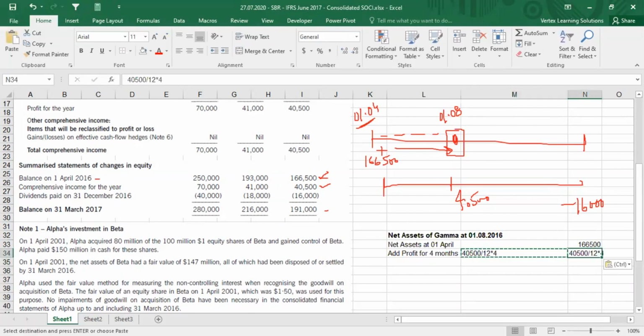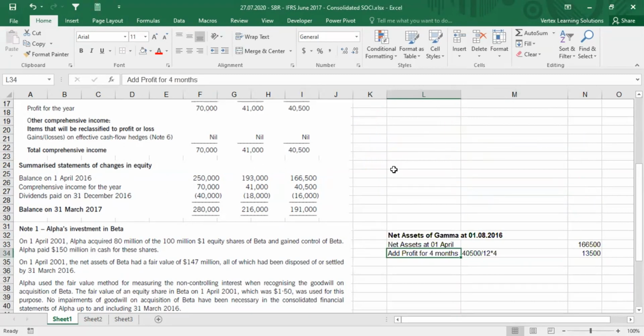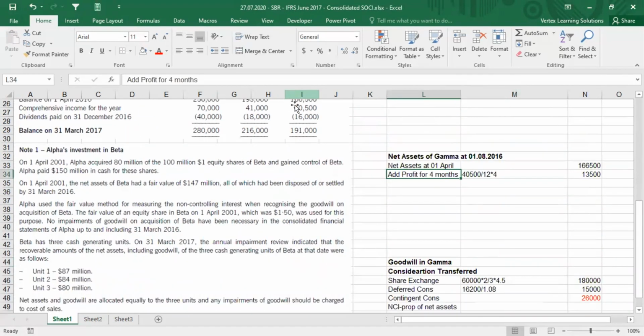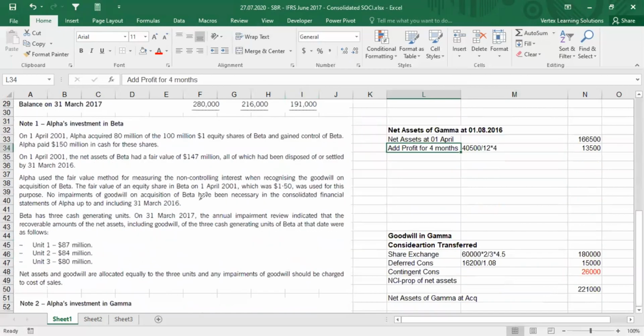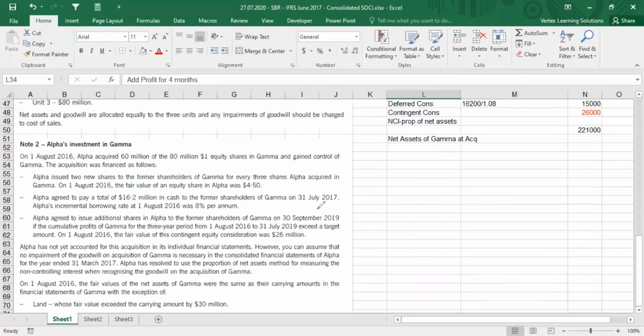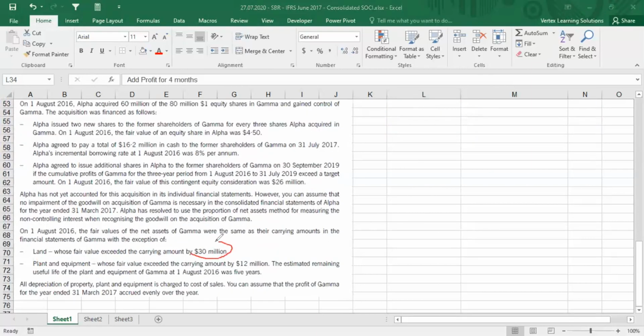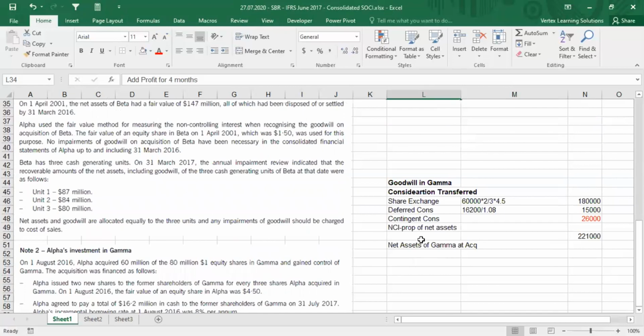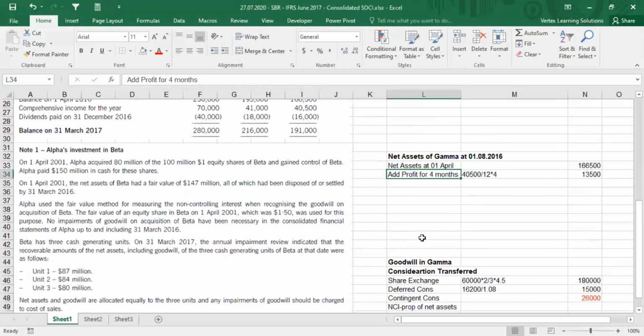4 months means April, May, June, and July. So this will be there. And plus the fair value adjustments, because on the acquisition date you made some fair value adjustments. You said that land was 30 million more and plant and equipment was 12 million more. Any upward revaluation, any fair value adjustment, increases the net assets.